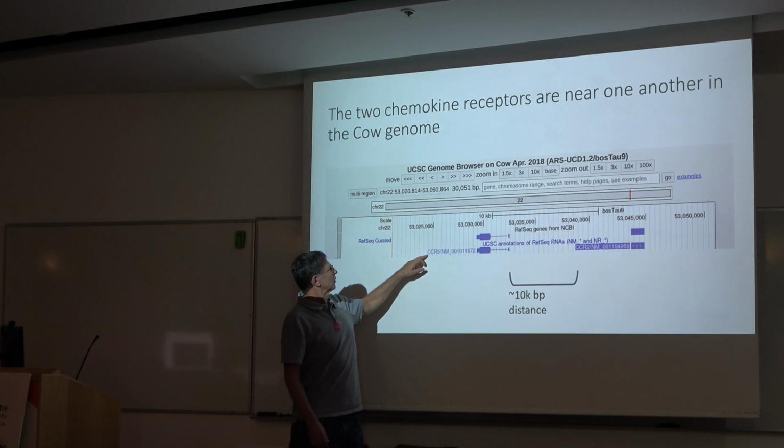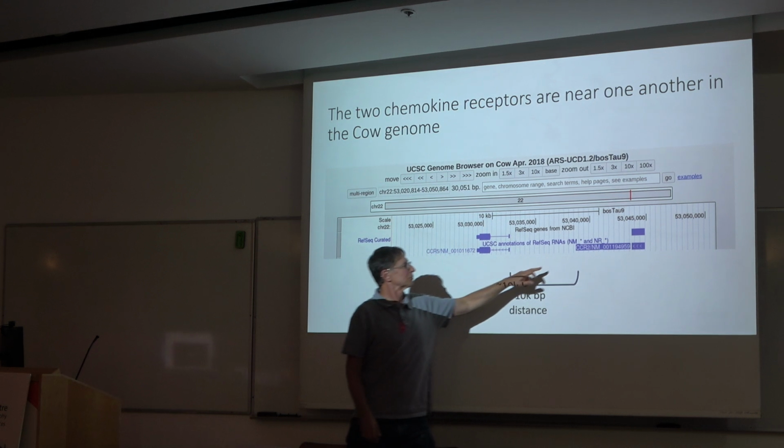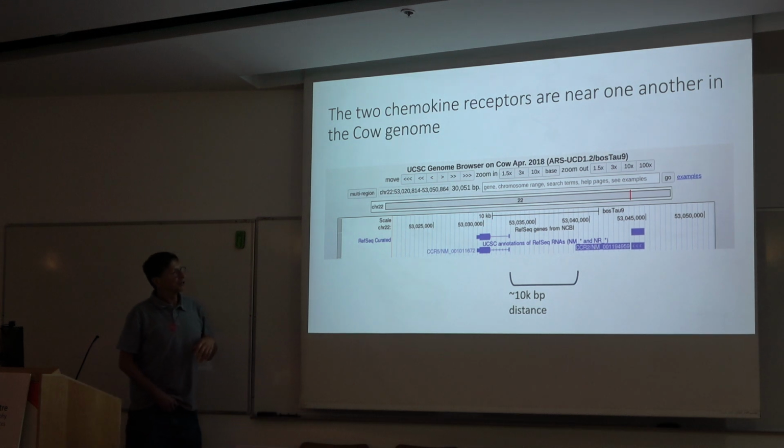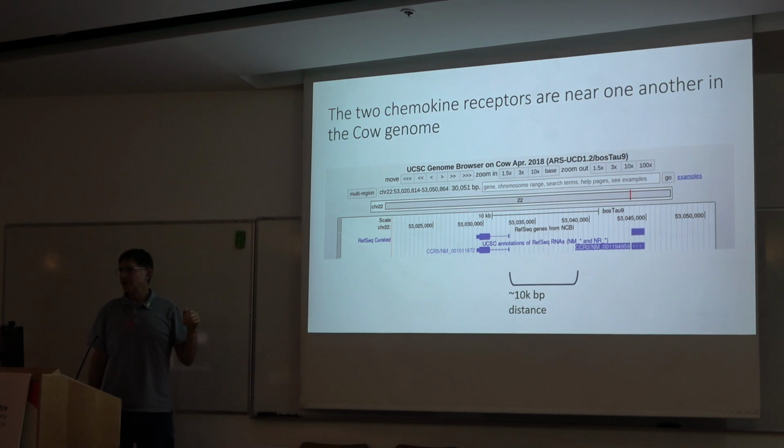So this is chemokine receptor 5, and this is chemokine receptor 2. This is in the cow genome, and you see first of all that they are close to each other. Only 5 kilobase pairs, which is considered a viable option for them to be co-translated, and also maybe in the same chain.